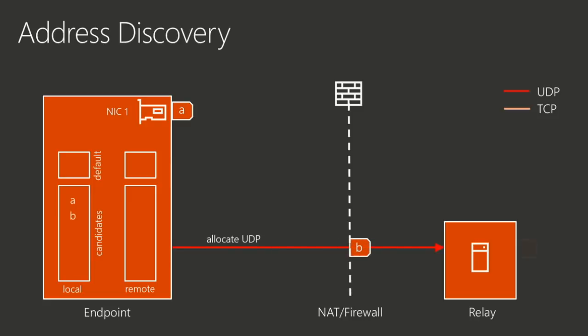Then I will send this allocate message to the relay and say, hey, dear relay, I want to do a call. Please allocate a candidate for me. And the relay will then give me a candidate and say, well, if you need to use me as a relay, here's candidate C in the picture. That's the relay's IP address and the port. So whoever you're trying to talk to, they can talk to that port.